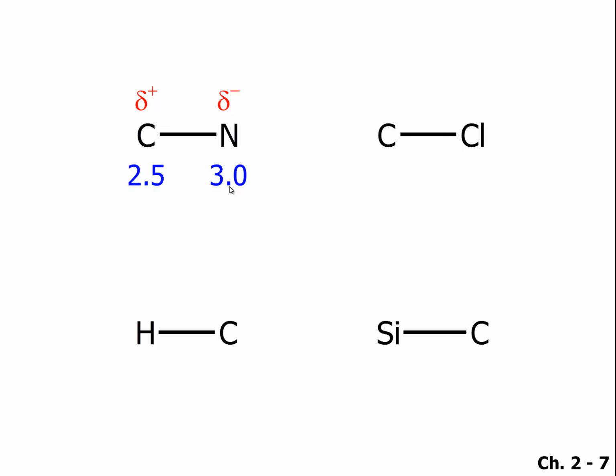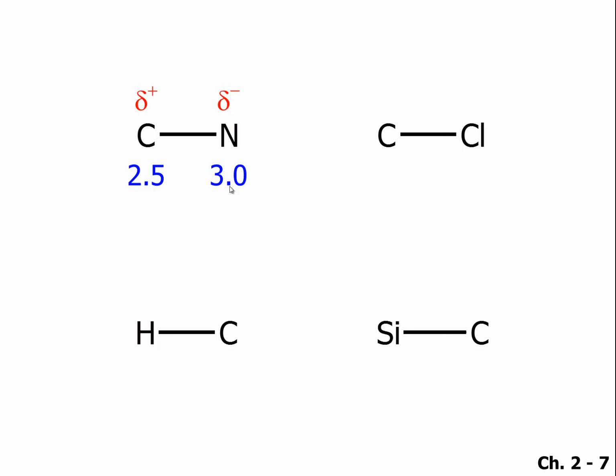So we do some simple math, and we have a difference of 0.5 between them. We said that if it's nonpolar, it's 0.4 or less. If it's polar covalent, it's 0.5 to 1.6. And if it's ionic, it's 1.7 or greater. So in this case, our category is going to be the polar covalent bond, 0.5 to 1.6.